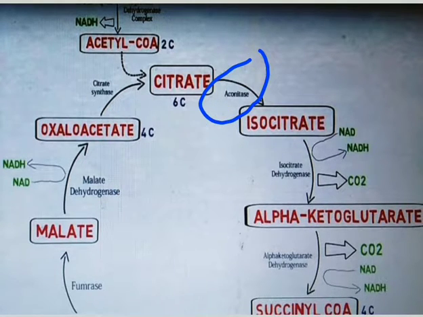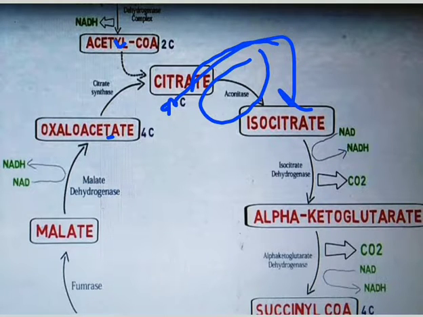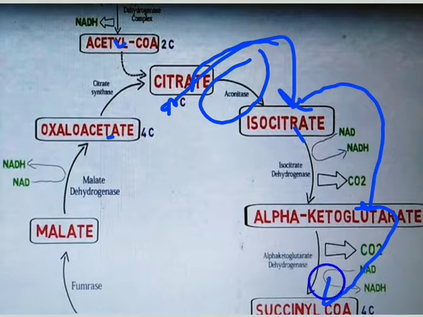Acetyl CoA and oxaloacetate are converted into citrate, and citrate is converted into isocitrate with the help of the enzyme aconitase. Then isocitrate is converted into alpha ketoglutarate with the help of the enzyme isocitrate dehydrogenase. Then alpha ketoglutarate is converted into succinyl CoA with the help of the enzyme alpha ketoglutarate dehydrogenase.